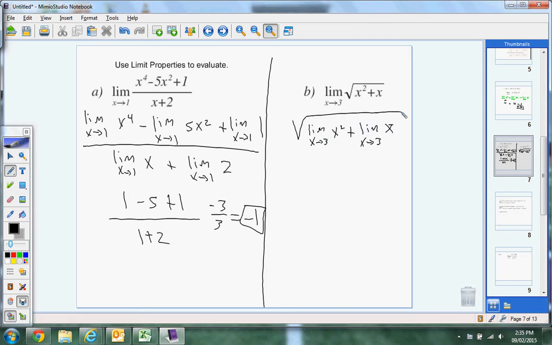We just do the limits of each piece on the inside. So that gives me 9, because 3 squared, plus 3, root 12. And then, yes, 2 root 3 is your simplified answer, the limit.